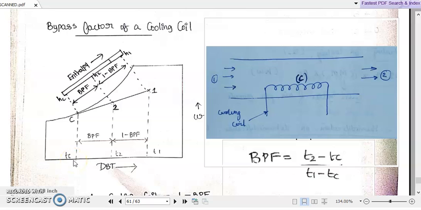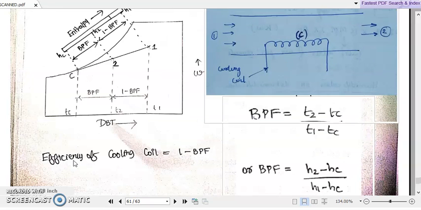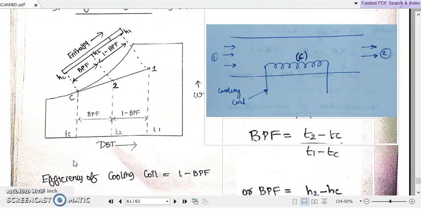The same case we can apply in the case of enthalpy also. The same way we can represent the bypass factor. The enthalpy corresponding to 2 is H2, corresponding to 1 is H1, and corresponding to C is HC.